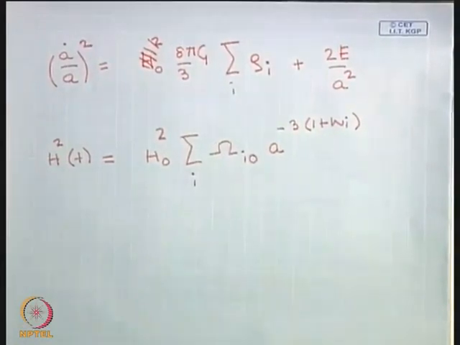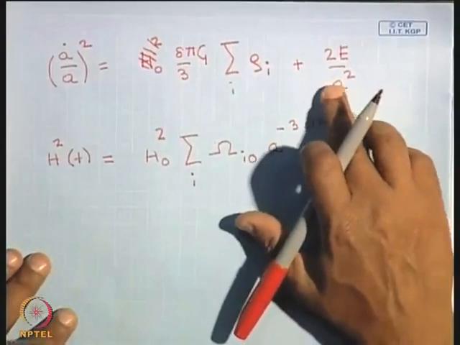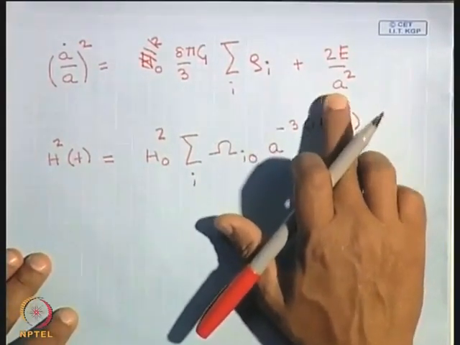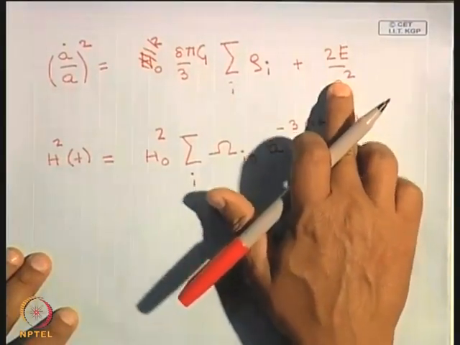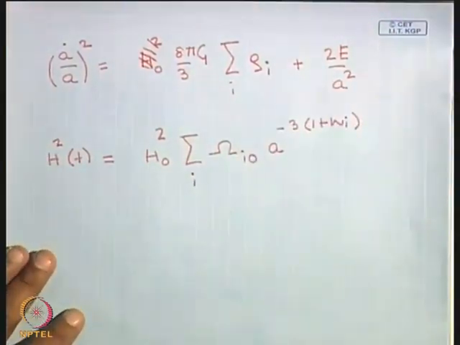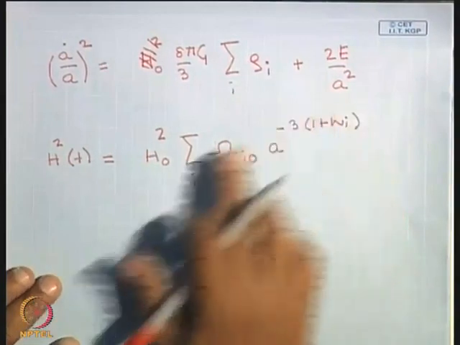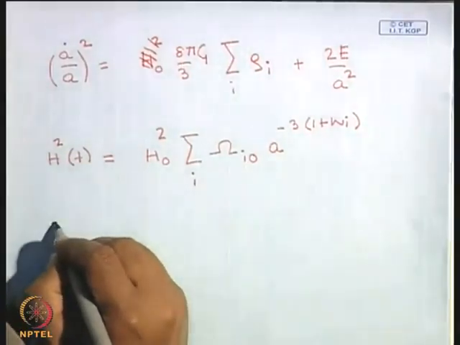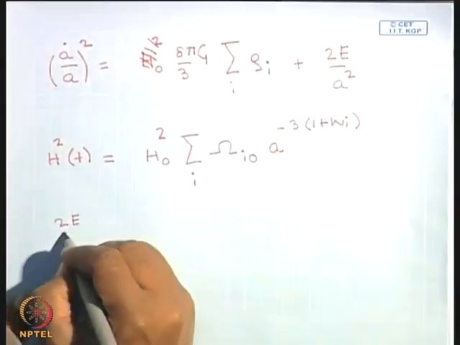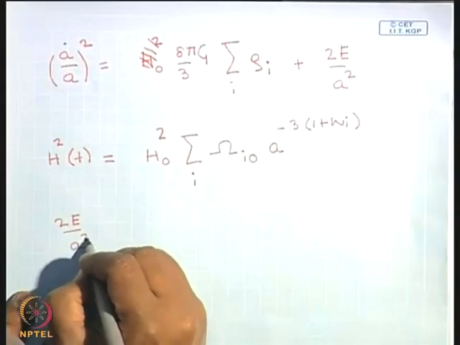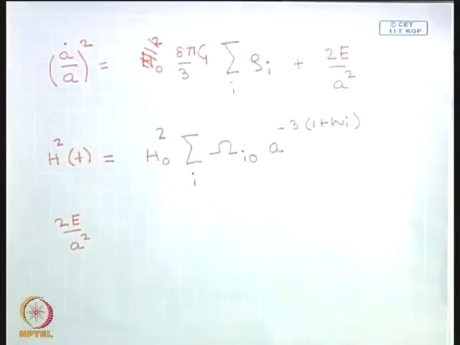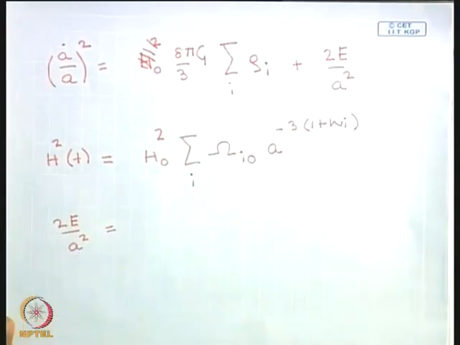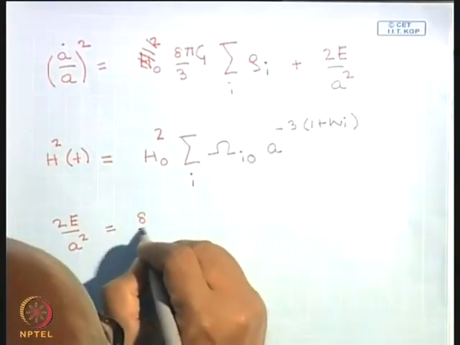In this process we have also included this term, 2E by A square, as a fictitious constituent of the universe.